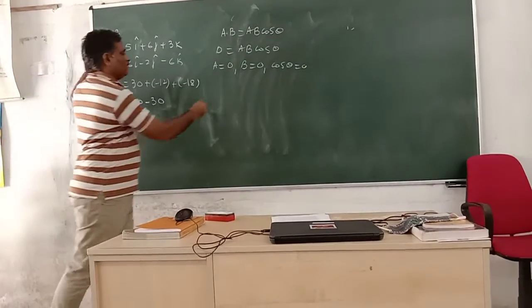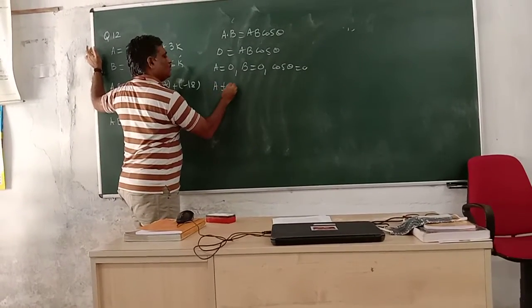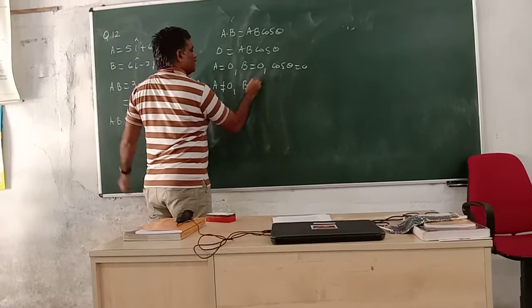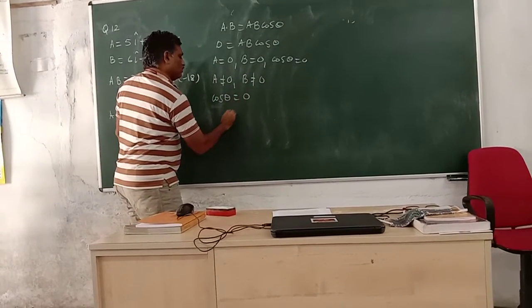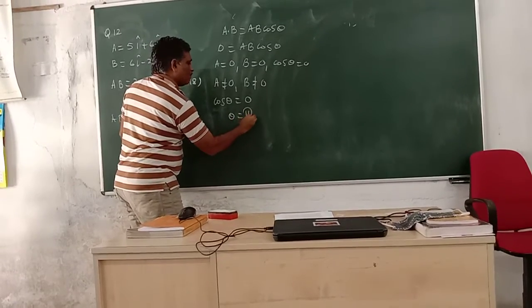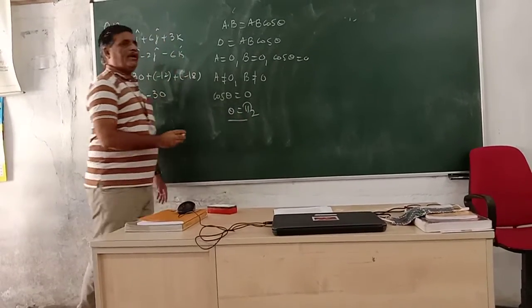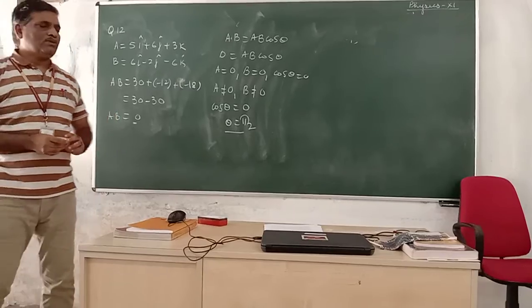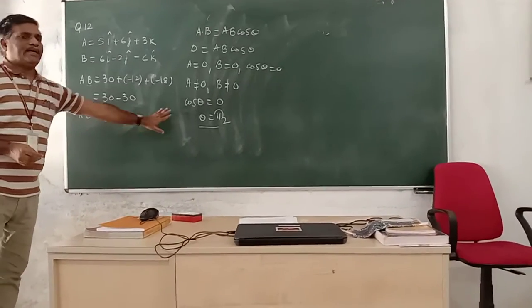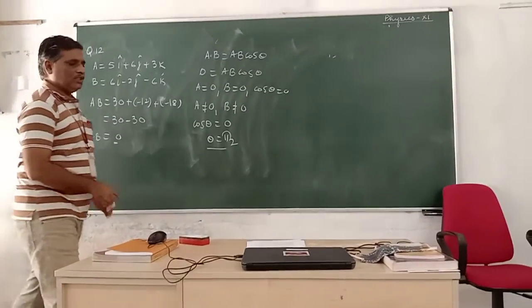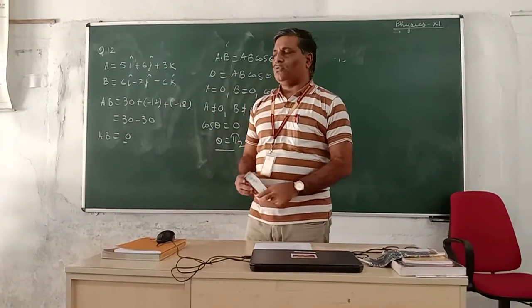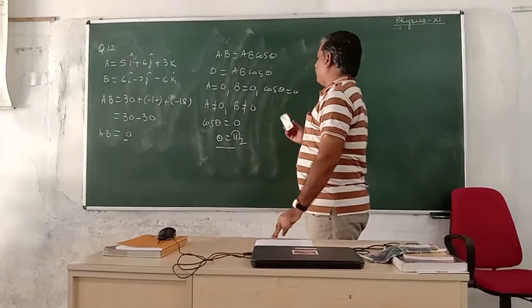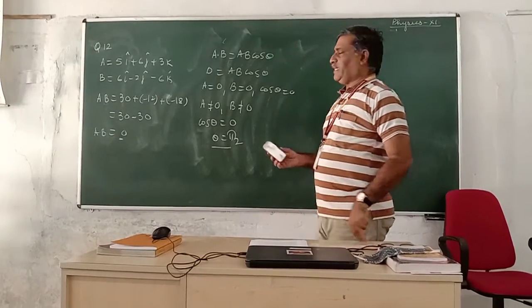But we know A is not equal to 0 and B is not equal to 0, which means that cos theta is 0. Theta is equal to pi by 2. When the dot product of two vectors is 0, it means that these two vectors are perpendicular to each other. So the statement that A is perpendicular to B is the true statement.